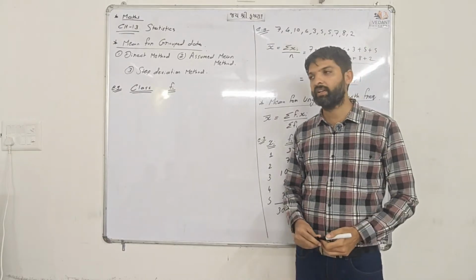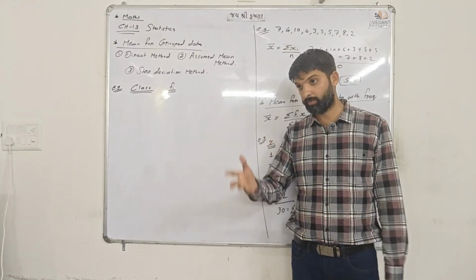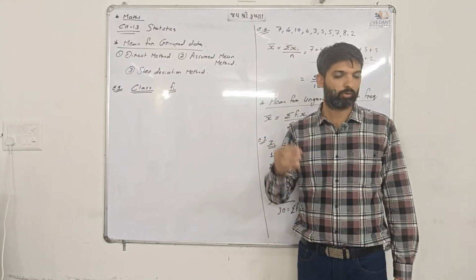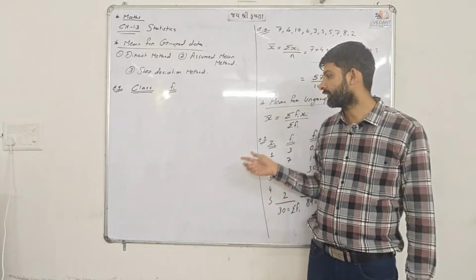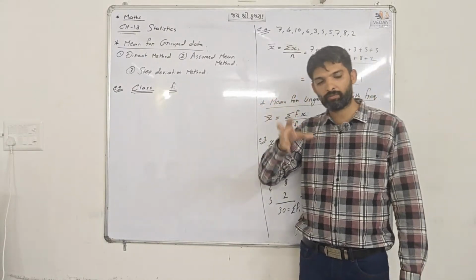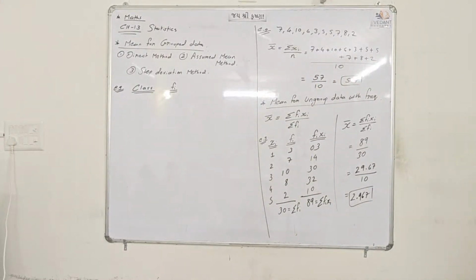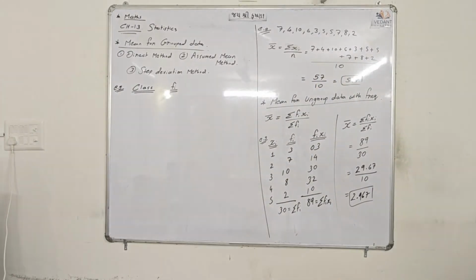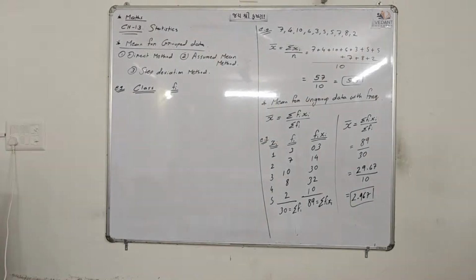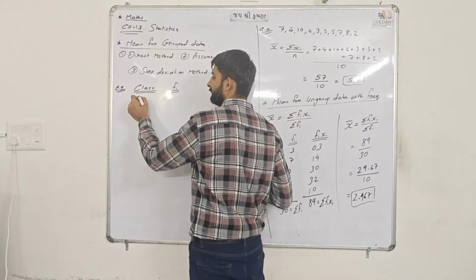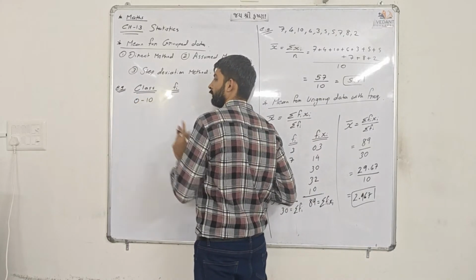Now to classify each and every student based on their marks, who got 0 and who got 1 and who got 2 and who got 45, just like the raw data, it is very difficult to identify and analyze the data in that sense.